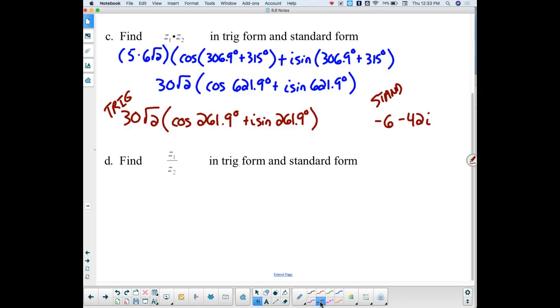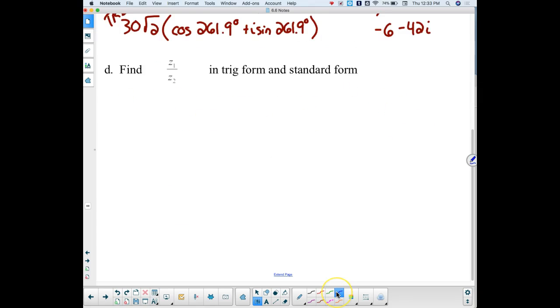Dividing wise, we would have z sub 1 would have been 5 as my radius. 6 square roots of 2 was the radius on z sub 2. And then we'd have cosine of 306.9 minus 315.